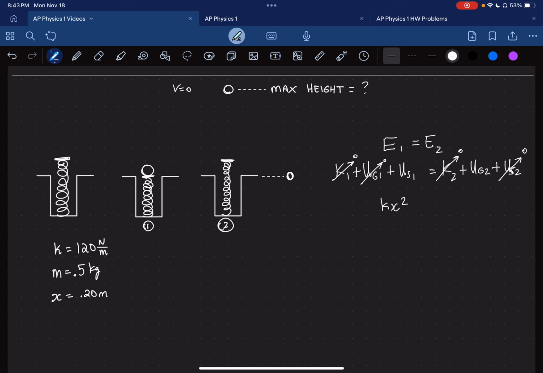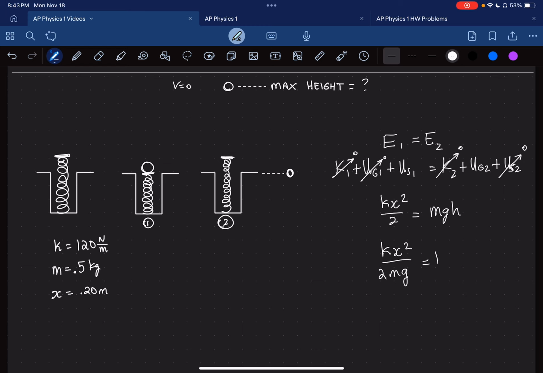We will say kx squared over 2 is equal to mgh. And we're trying to solve for h. So we can rewrite this as kx squared over 2mg equals h. Of course, we can't cancel m.